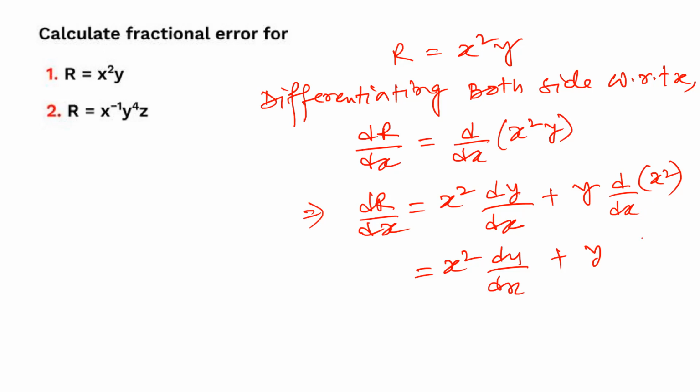You have learned that the derivative of x square is 2x, right? And here for your understanding we can write y multiplied by 2x, and it is multiplied by dx/dx, right? We know that dx/dx, ये तो कट जाएगा and it is equal to 1.